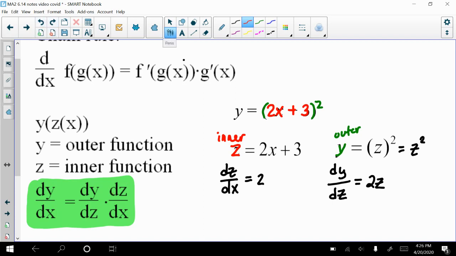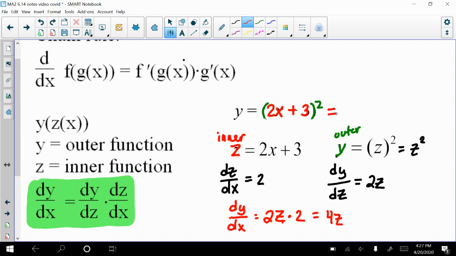Okay. All right, so then dy dx is going to be dy dz, which is 2z, multiplied by dz dx, which is 2, which gives us 4z.